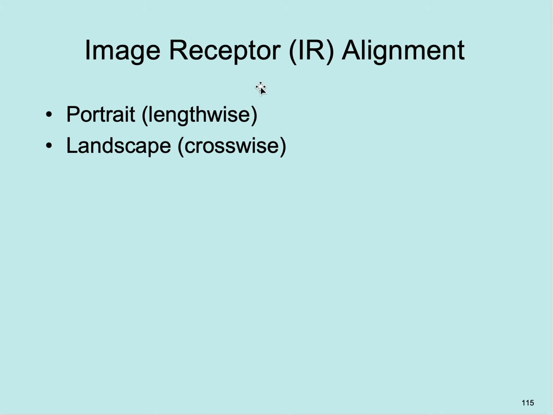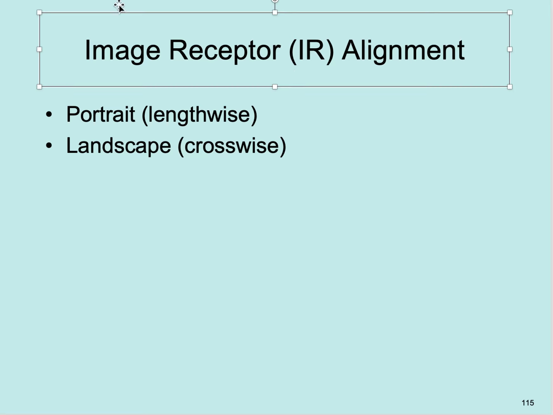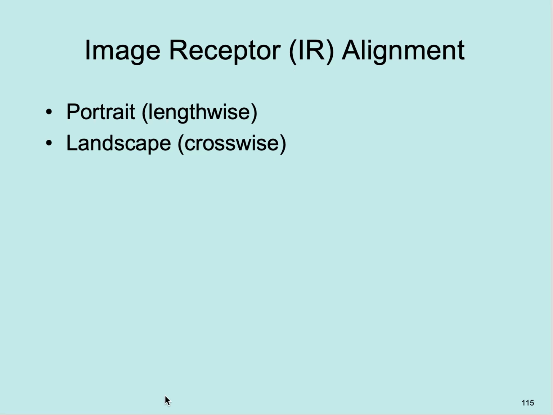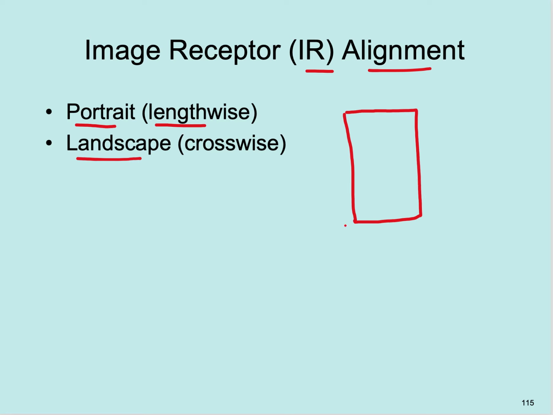We talk about our image receptor as far as the alignment of the image receptor. Is it in a portrait position? Is it in a landscape position? So portrait is lengthwise. So 14 by 17 lengthwise, or you talk about 14 by 17 crosswise.